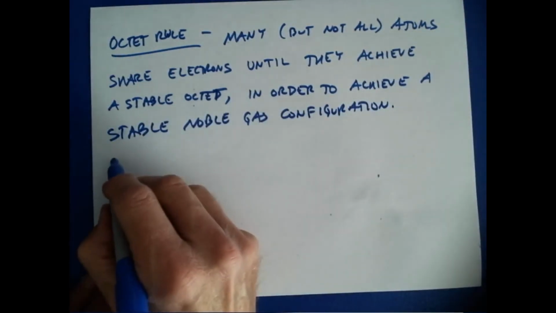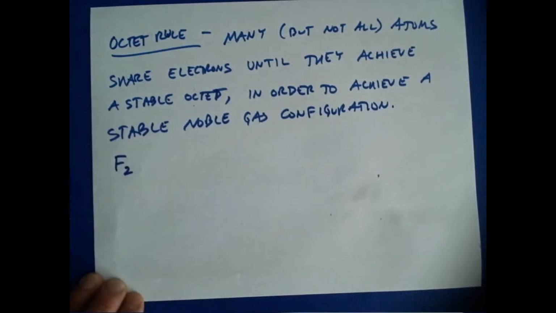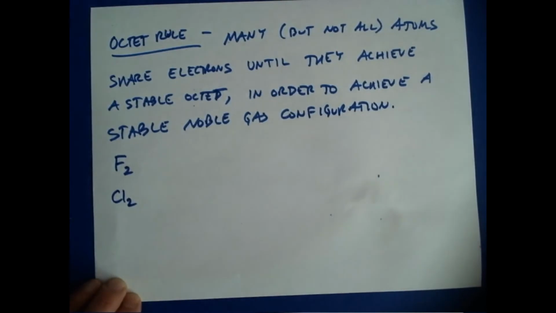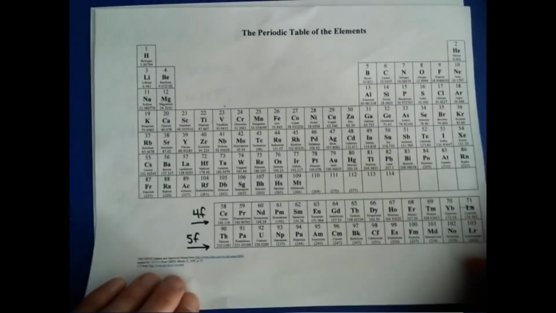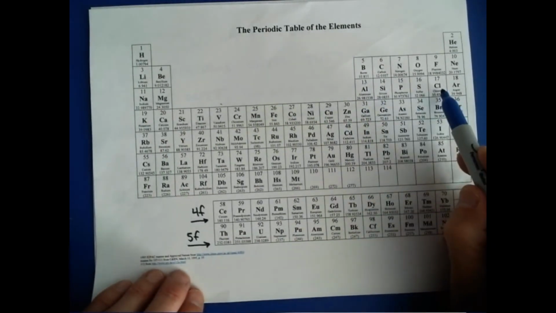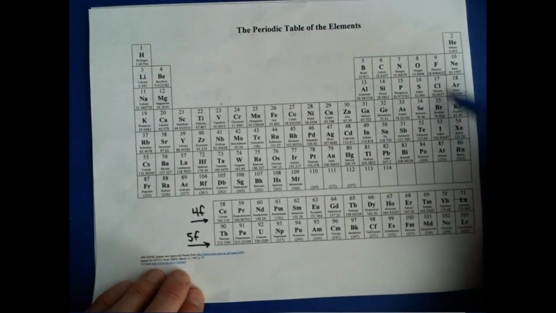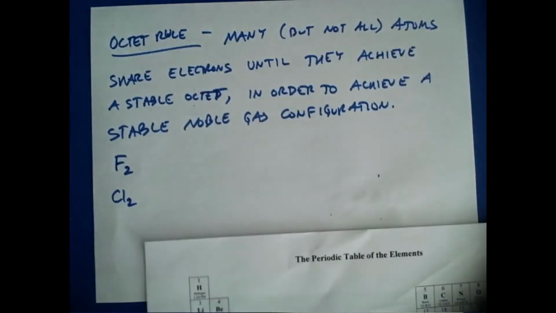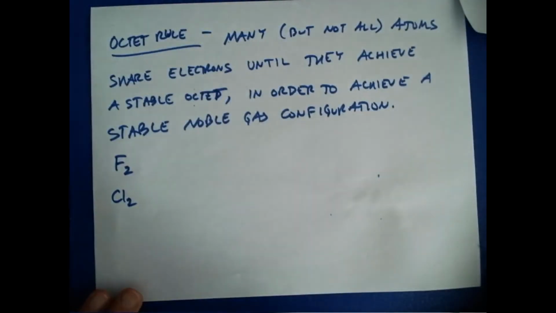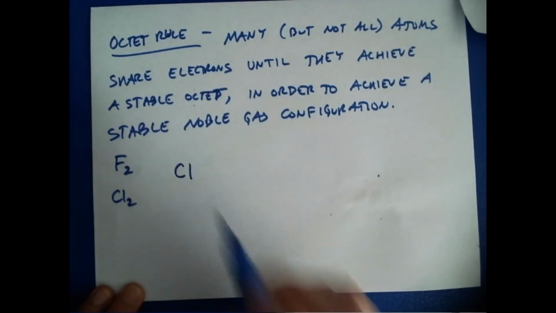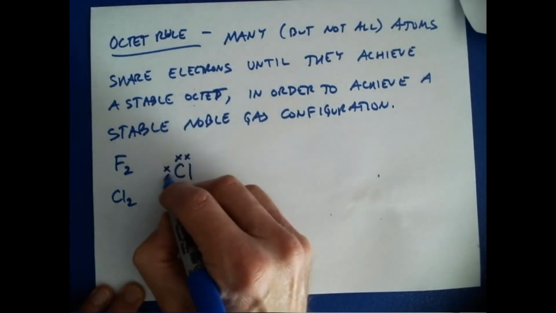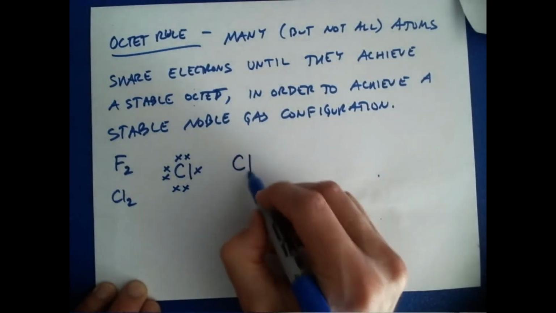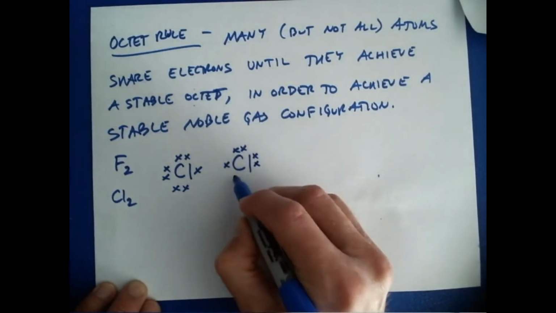We already saw how this played out in the fluorine molecule. Let's see how it might play out in the chlorine molecule. So if we look at chlorine, we notice that it is indeed a halogen, and all halogens have 7 valence electrons, 1, 2, 3, 4, 5, 6, 7. So if I was going to draw the Lewis dot symbol for chlorine, I'd draw its symbol with 7 X's around it. I'm going to do that for 2 different chlorine atoms.